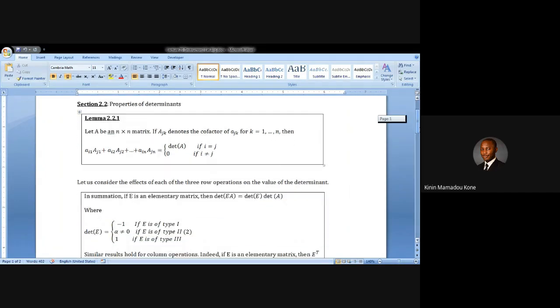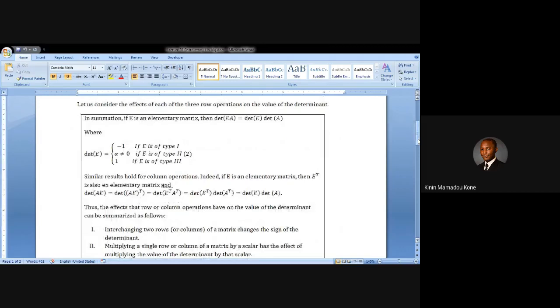So now let us consider the effect of the three row operations on the value of the determinant.